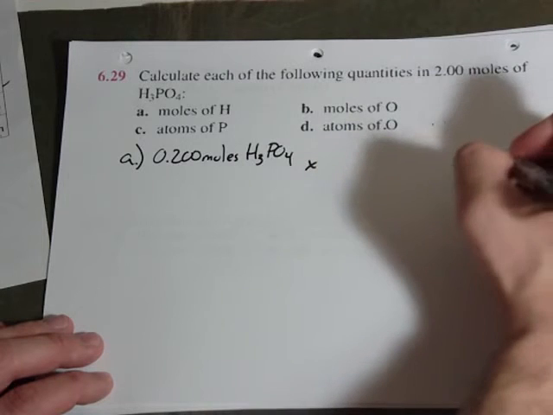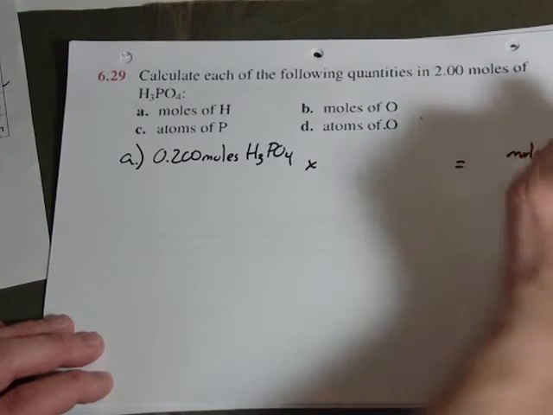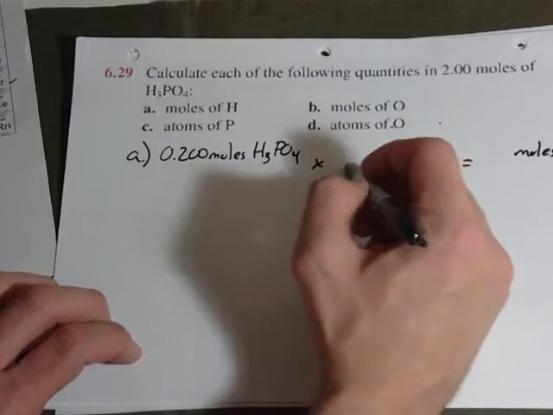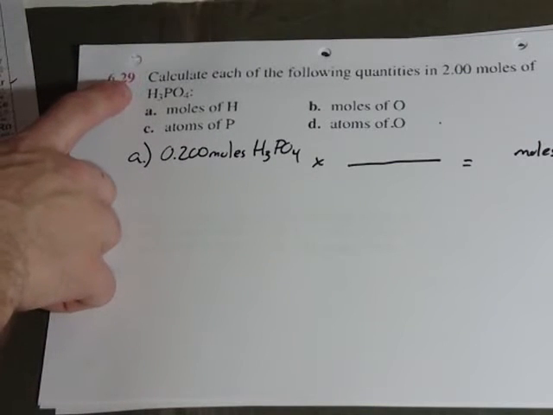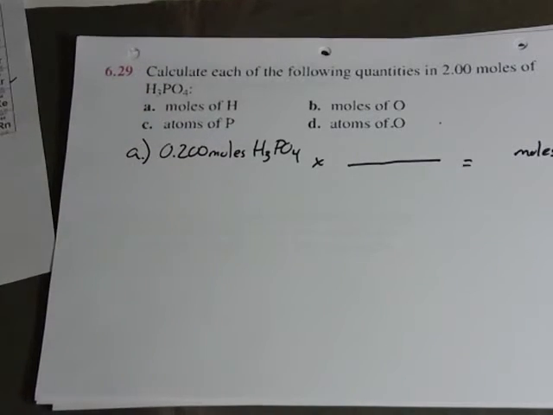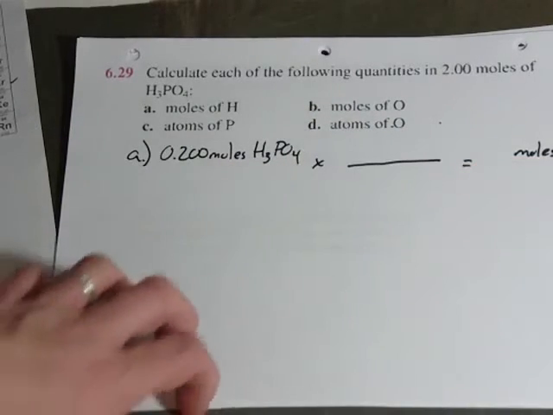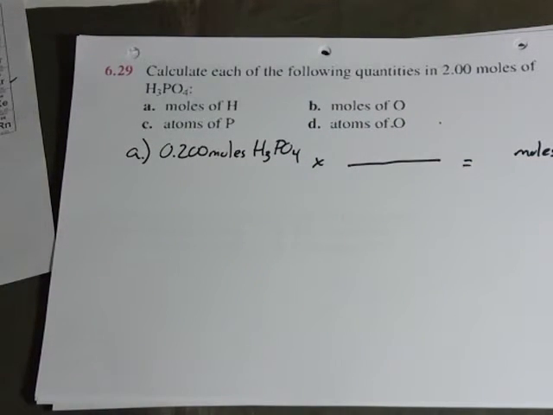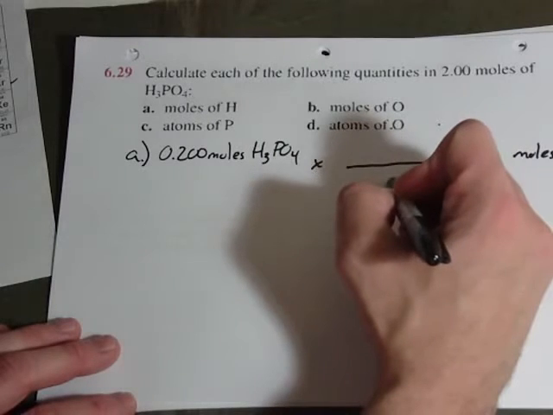We want our answer to be in moles of H. So looking at our H3PO4, in one molecule of H3PO4, there are 3 hydrogens. The same thing goes with, if we have 1 mole of H3PO4, then we have 3 moles of hydrogen. So here we want our moles of H3PO4 to cancel out.